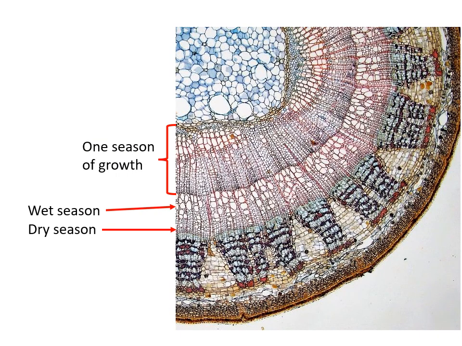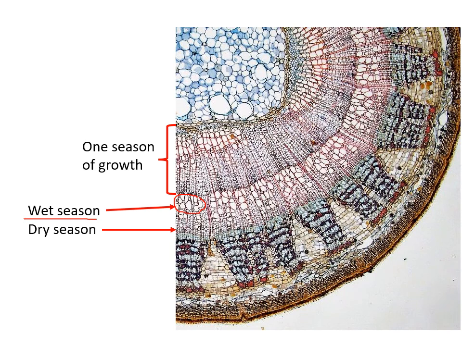So again, looking at the tree, you have rings. Now you'll notice that the rings are demarcated by changes in density. So here the xylem are big, and here the xylem are small. And that typically has to do with the amount of water that is flowing through the tree at that particular time. In the spring or wet season, the xylem are bigger and looser.